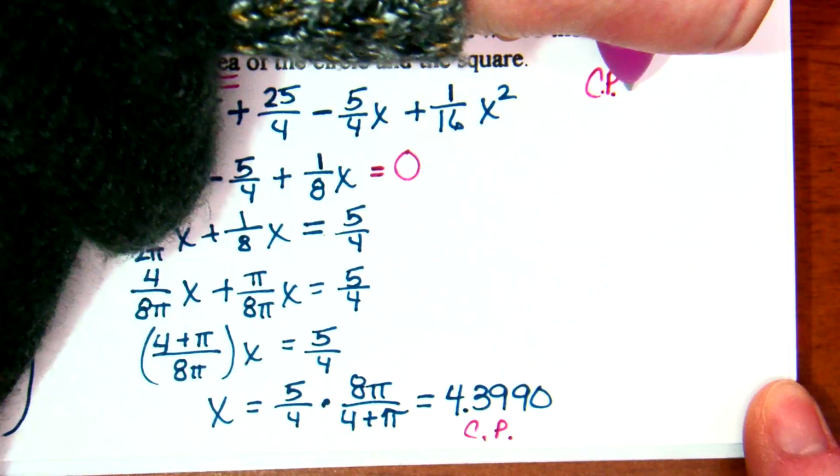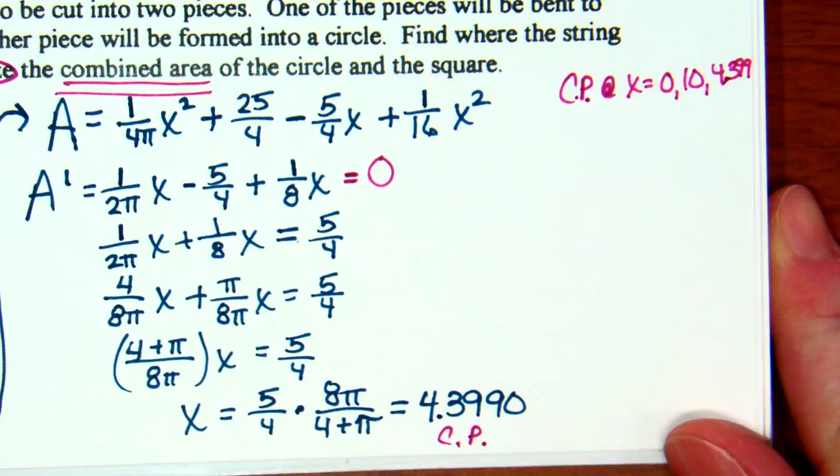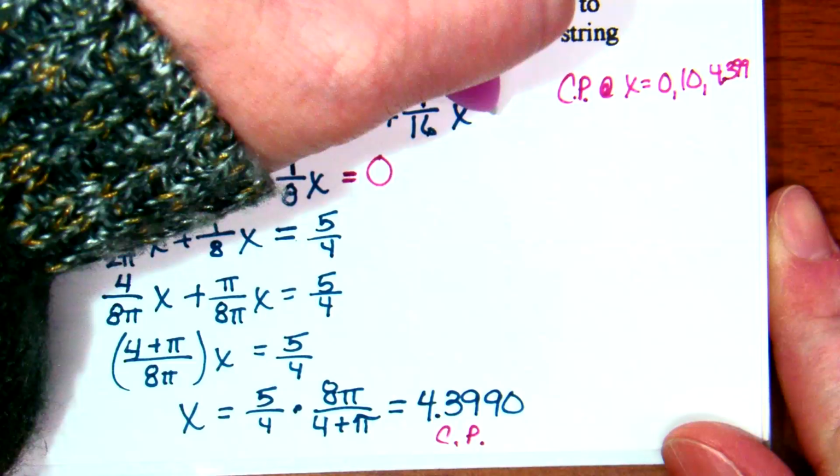So, in order to find the maximized area, we're going to have to plug those values in. Use that original function. You need to find A of 0, A of 4.3990, and A of 10.